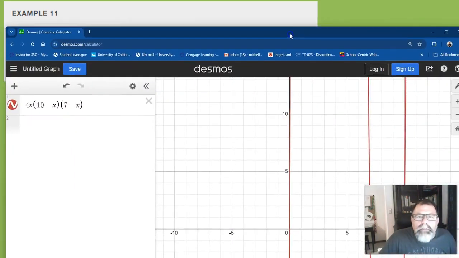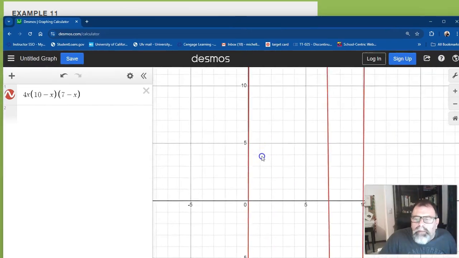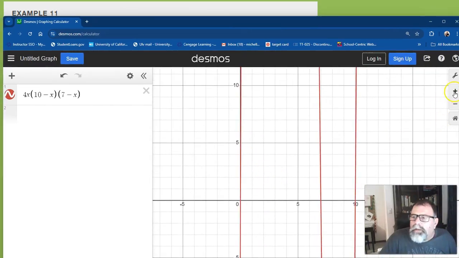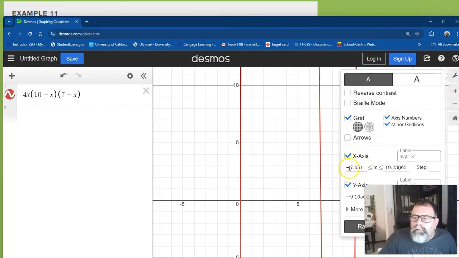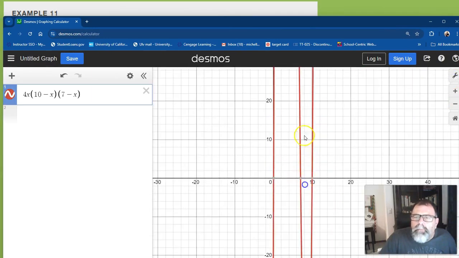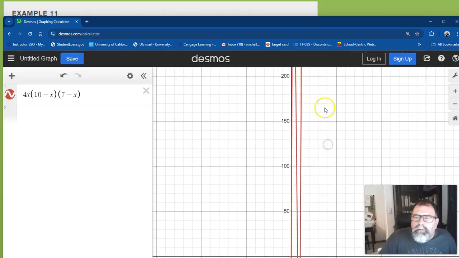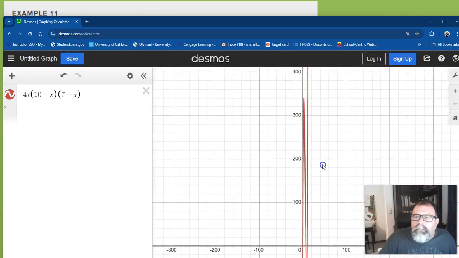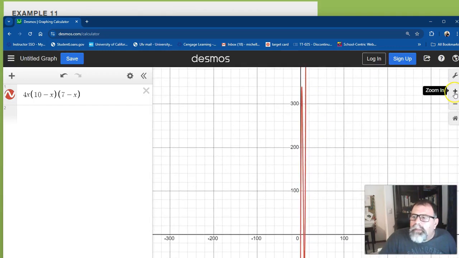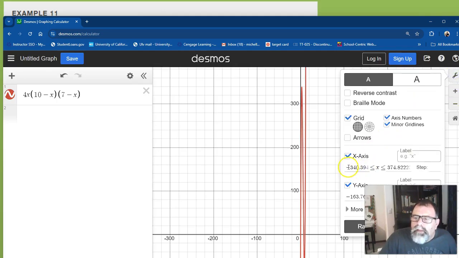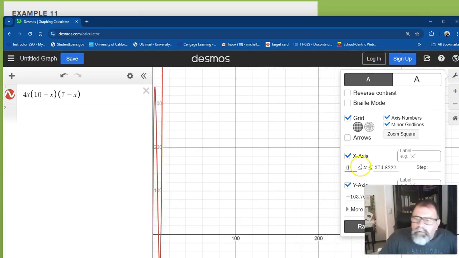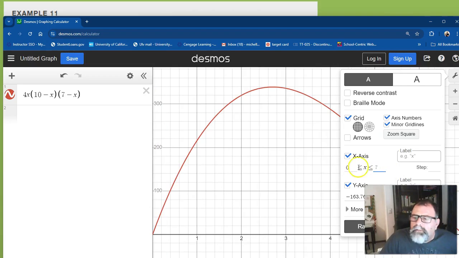Okay, so let's look at Desmos. And again, let me change my grid. I want to be able to see that top. There it is. And let me zoom in, change my x-axis to be from 0 to 7. Oops, what did I write? 7. Okay.